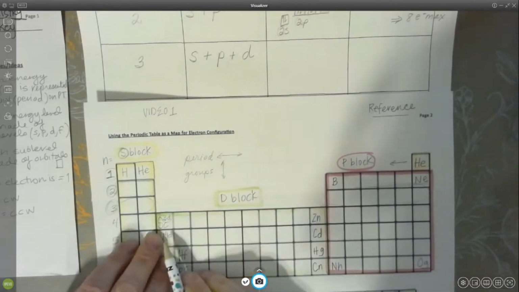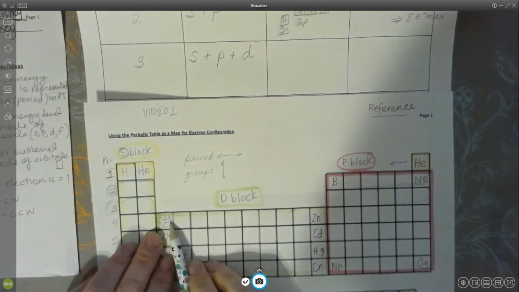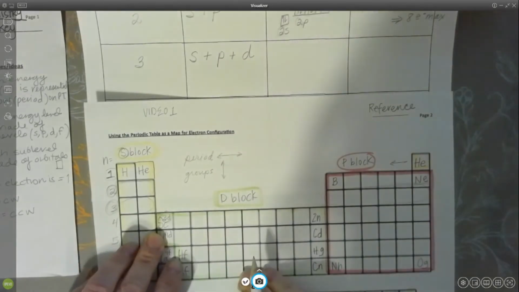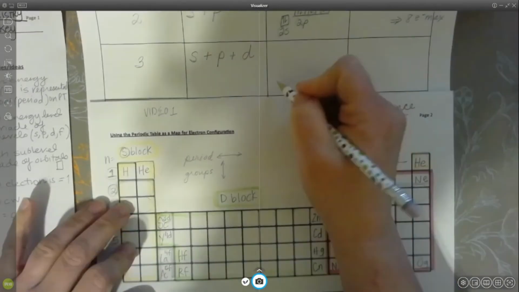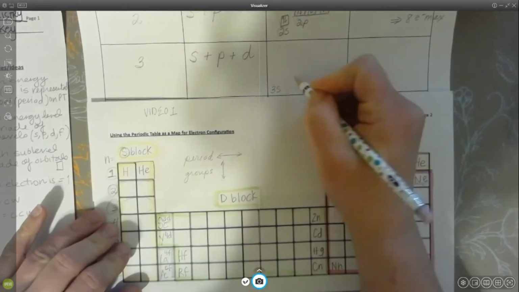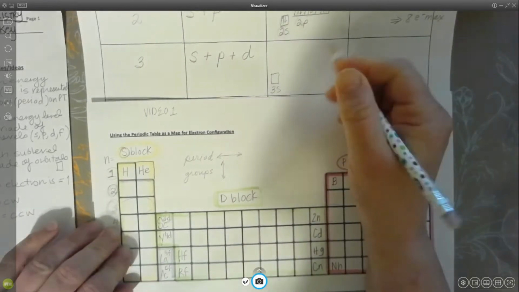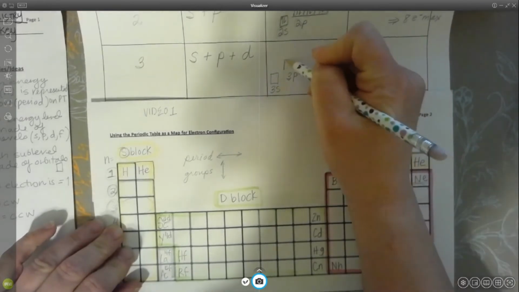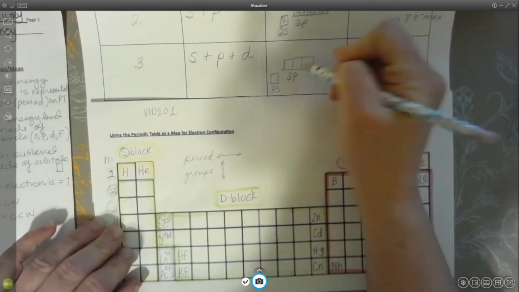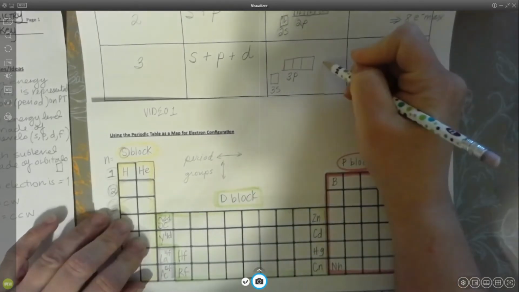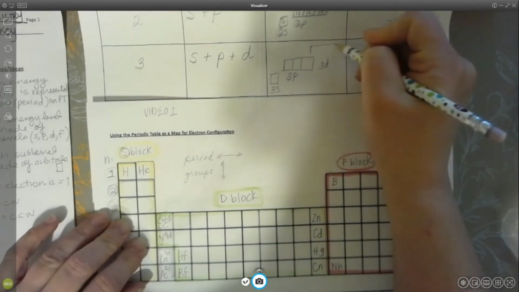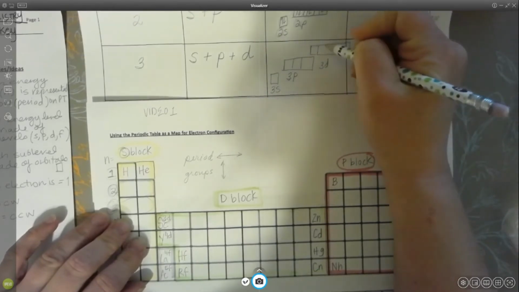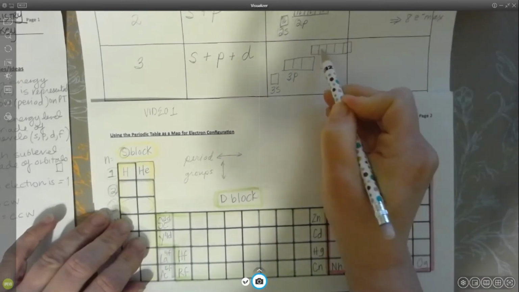And that's kind of a little piece that you need to memorize. So we have 3s, 3p, and then we have 3d. Now, how many does that have? Well, it's got 5. 1, 2, 3, 4, 5.